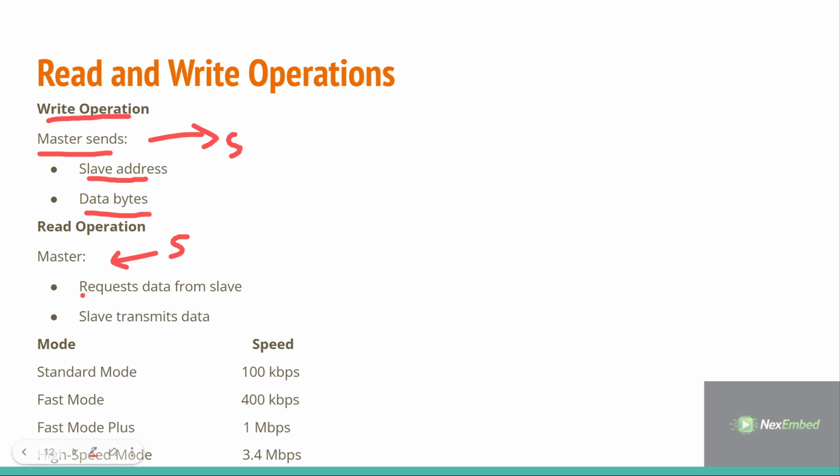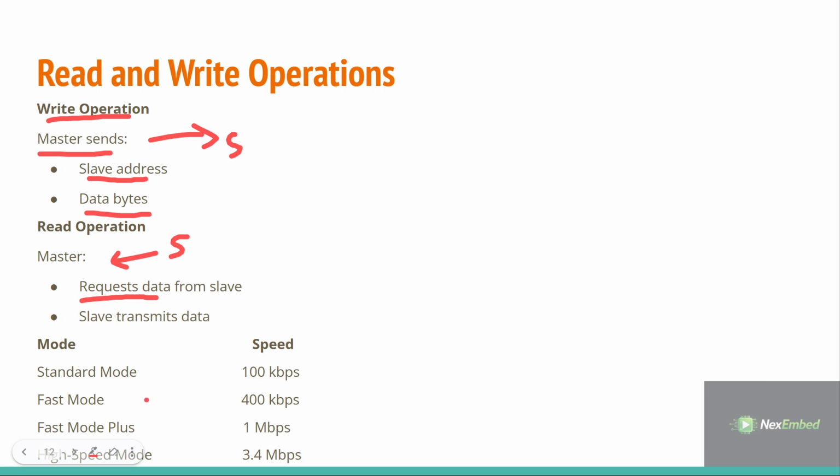So what will the master do? The master requests data from the slave, and then the slave will transmit the data to the master. Here the master wants to read the data from the sensor, so it requests the data from the slave.